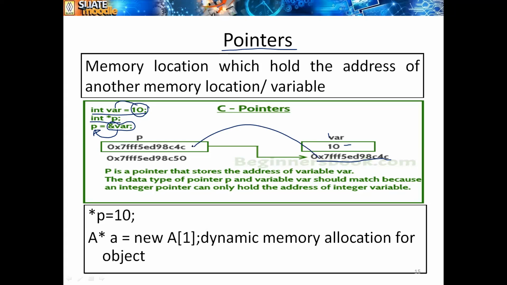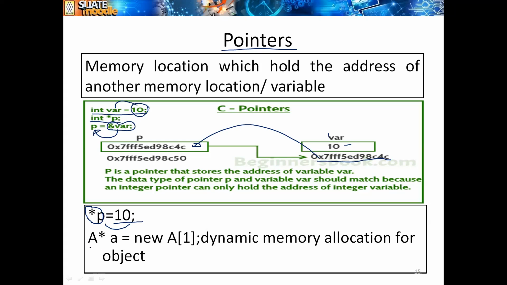You can see, right? 4C is assigned here. If I assign this value, automatically *p is equal to 10. After the pointer variable's value is assigned, 10 is assigned to the pointer variable.